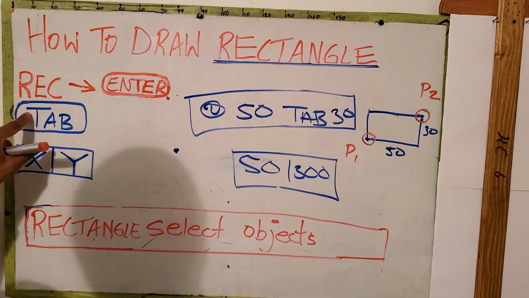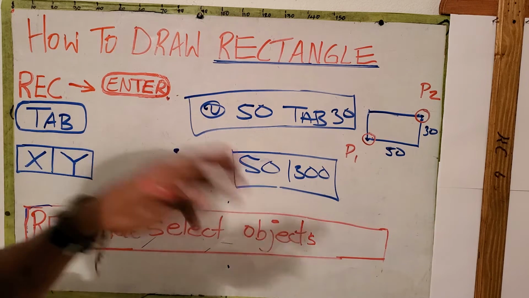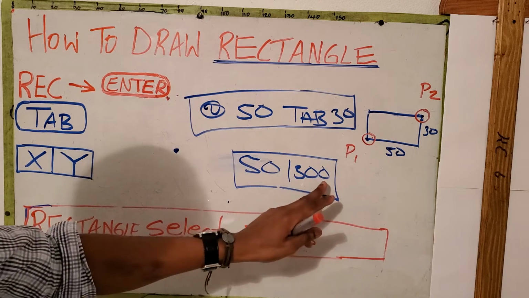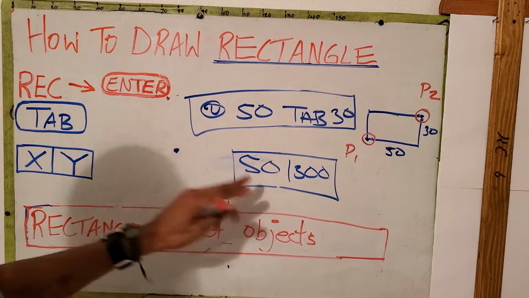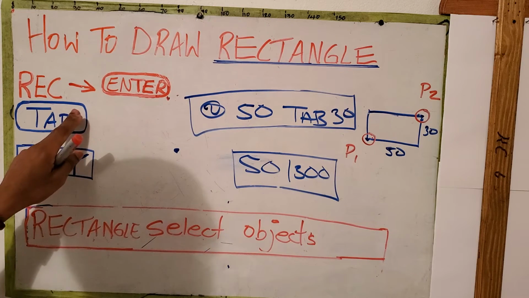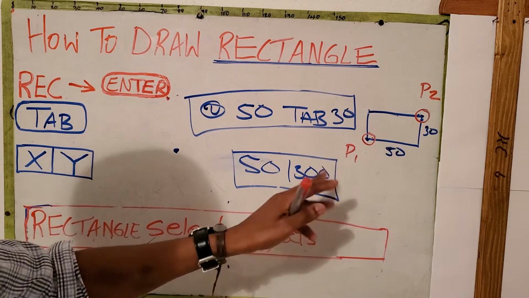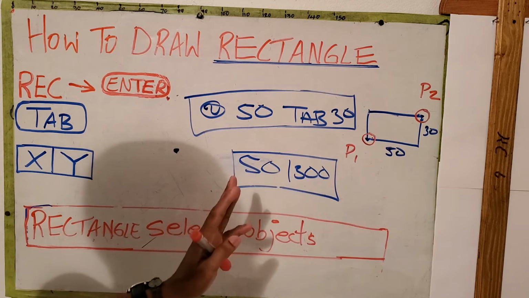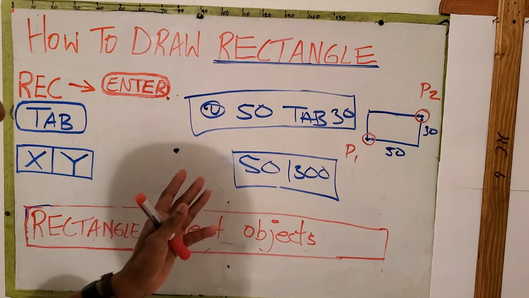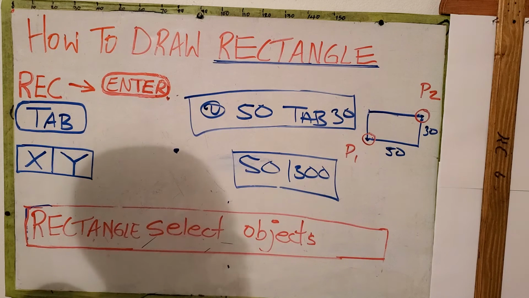You simply press the tab key. Once you press the tab key, it will switch from the Y to the X value. Press your tab key again, it will toggle to the next value. And the active value normally turns blue. Then you can make the correction as necessary.